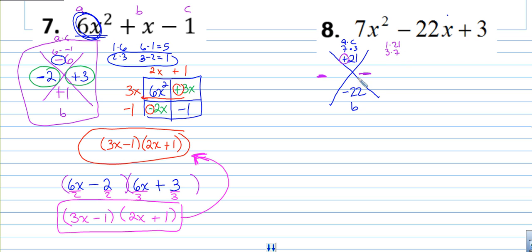So now I said we needed to add the numbers, so you do 21 plus 1, which is 22, and 3 plus 7, which is 10, and it looks like 1 and 21 will work. So you use 1 here, 21 there. Negative 1 minus 21 is negative 22, and negative 1 times negative 21 is positive 21. So these are the two factors.